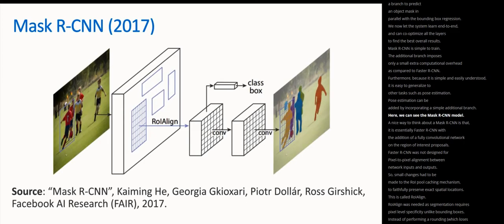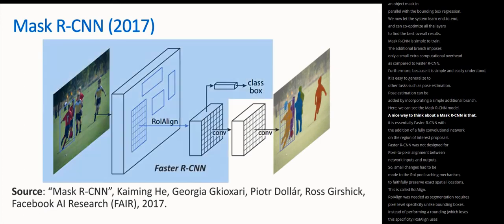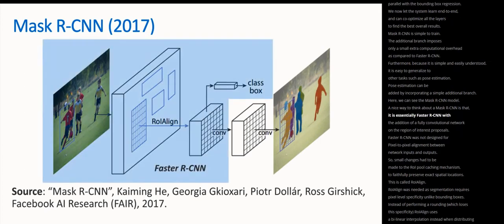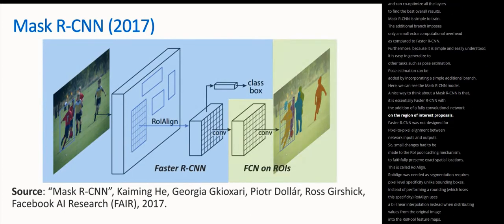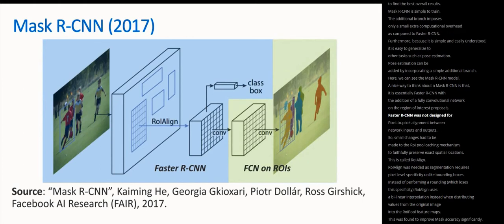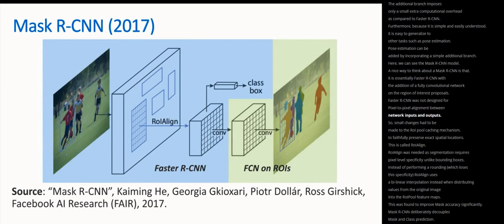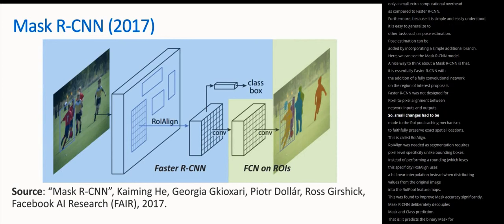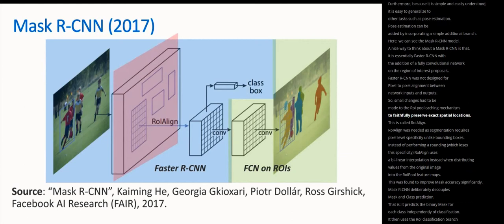Here we can see the Mask R-CNN model. A nice way to think about Mask R-CNN is that it is essentially Faster R-CNN with the addition of a fully convolutional network on the region of interest proposals. Faster R-CNN was not designed for pixel-to-pixel alignment between network inputs and outputs, and so small changes had to be made to the ROI pool caching mechanism to faithfully preserve exact spatial locations.